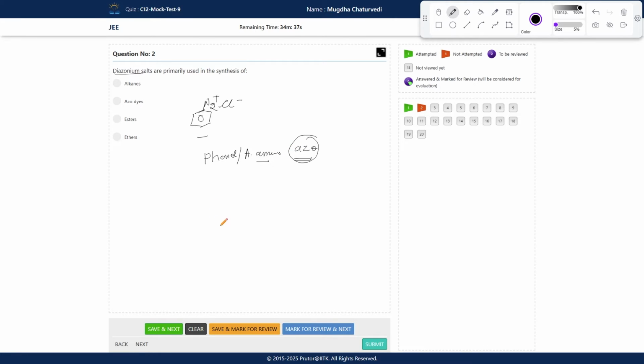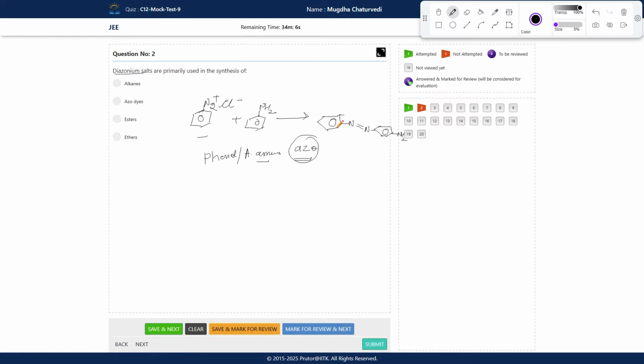So if I give you an example, here is a diazonium salt. If I treat it with an amine, which is this amine, in an acidic medium, it will give us an azo compound. That is, if you see here, this is nitrogen, and here is this NH2 group which is attached.